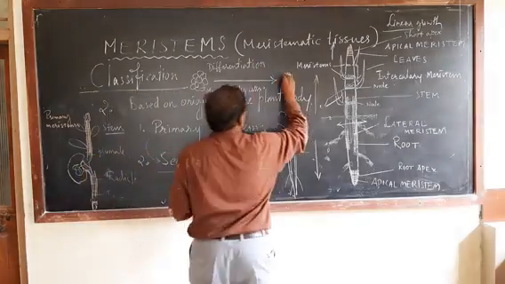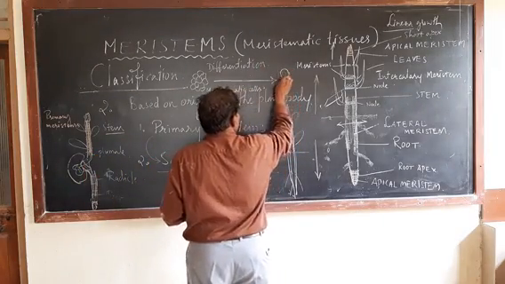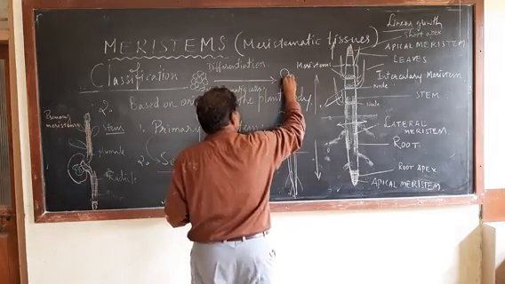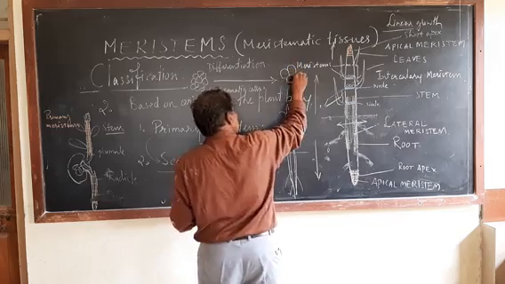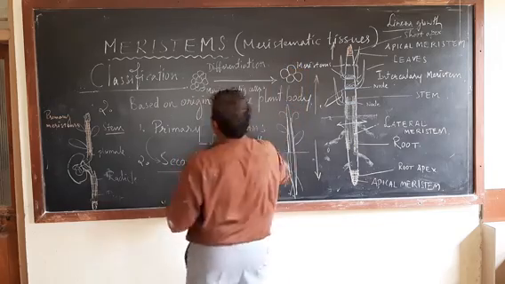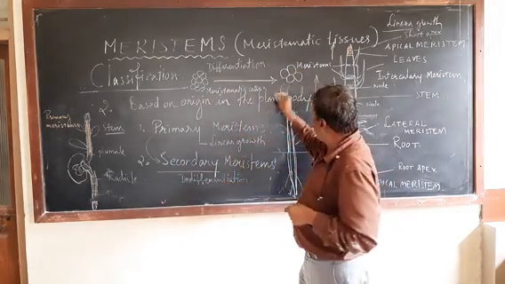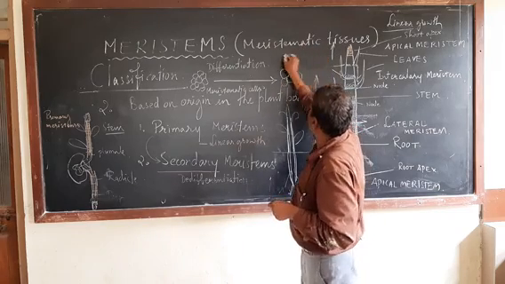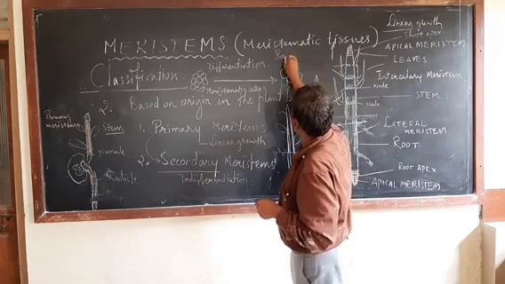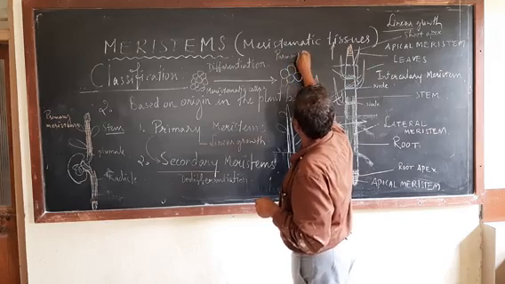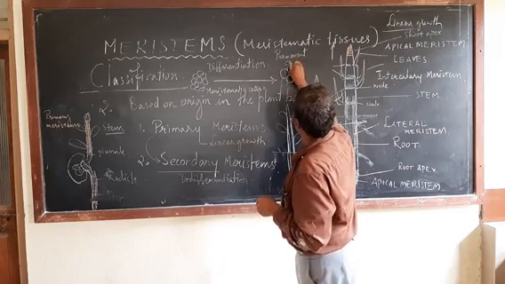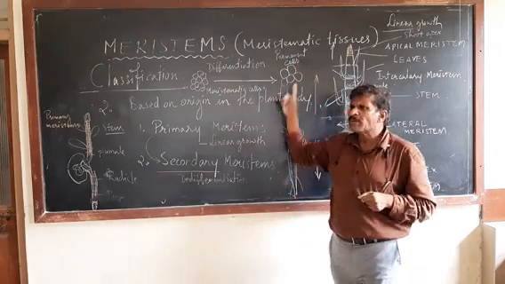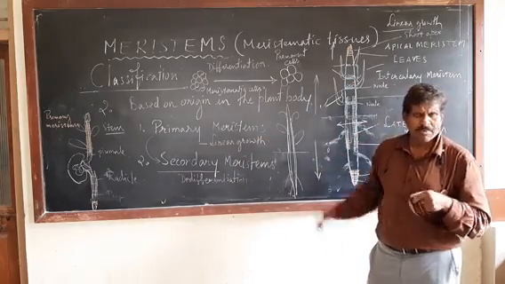Their structure may change, their shape may change, cell wall nature may change, the functional status may change. Because of that differentiation, they get differentiated into the permanent cells, and they are going to produce the permanent tissue. It may be one of the permanent tissues.